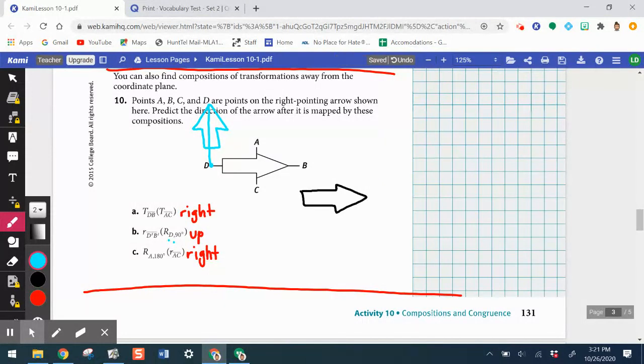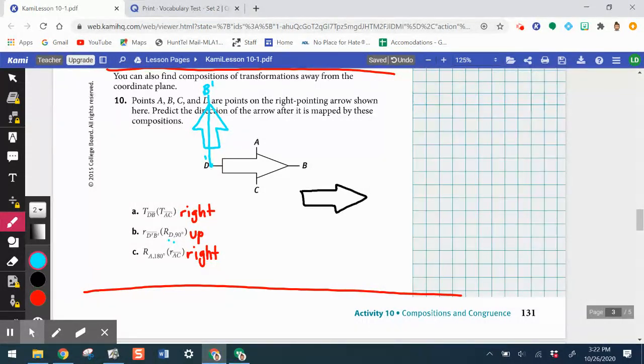Then we have to translate it, or excuse me, reflect it, sorry, looking at the other one, reflect it across line D prime, B prime, which of course after the first rotation, this would end up being B prime and this would be D prime. So now imagine we reflected this arrow across this line that's going right through the middle of our arrow.